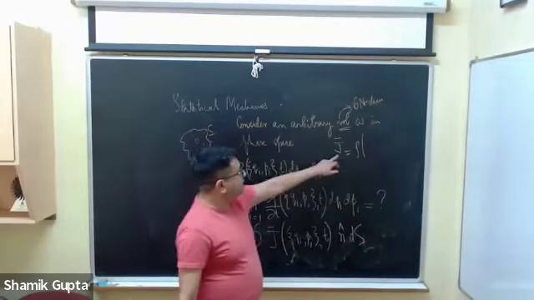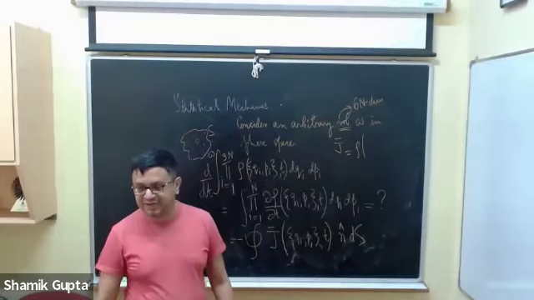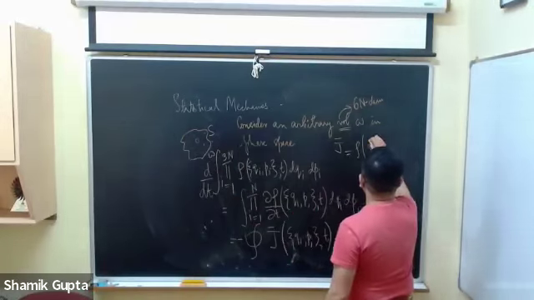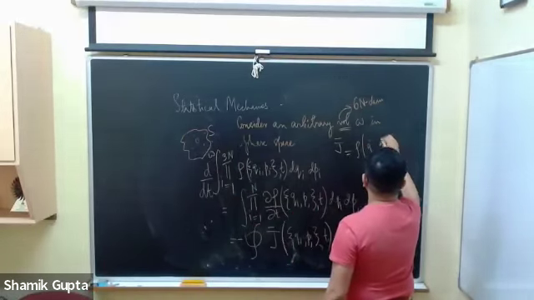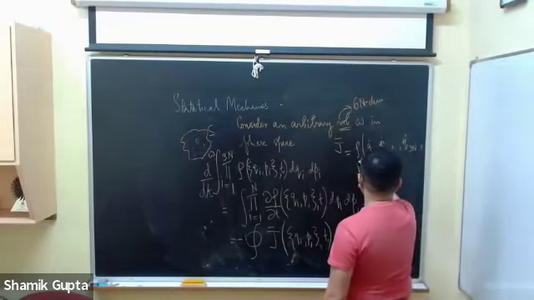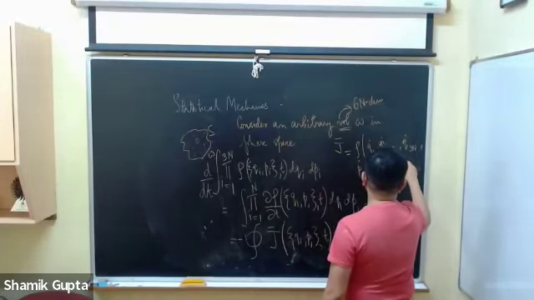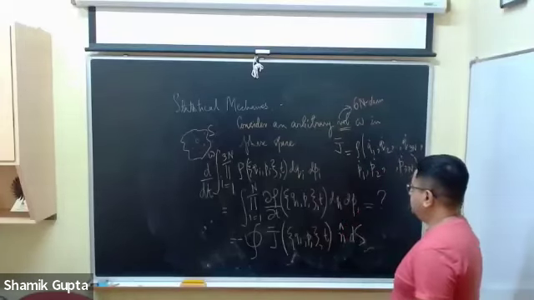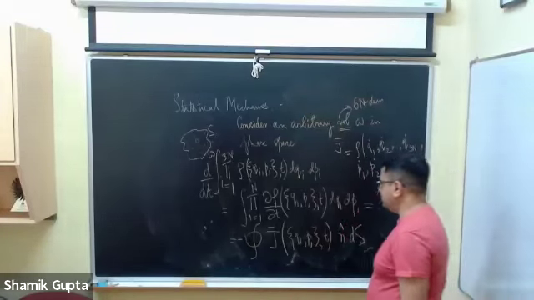So this J itself is a 6n-dimensional vector with components given by Q1 dot, Q2 dot, all the way up to Q3n dot, and P1 dot, P2 dot, all the way up to P3n dot. So this is the definition of the current.